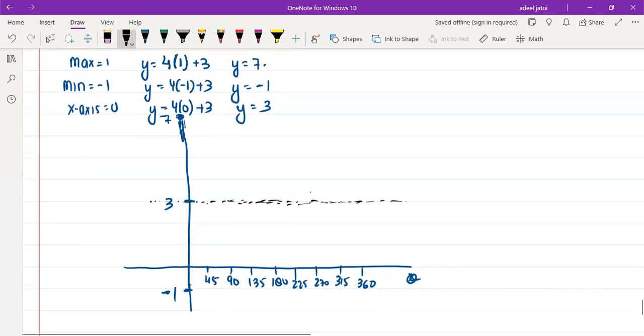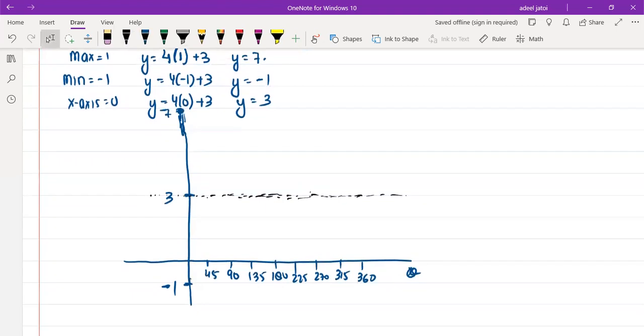Now, since we are creating sine graph, you need to concentrate here. Your sine 0 used to be 0. But the 0 value has been shifted to what? 3.